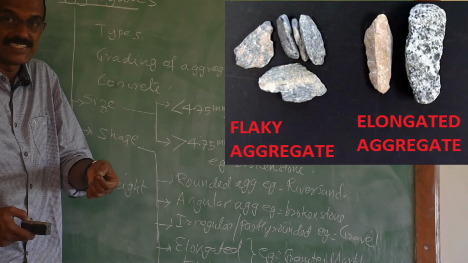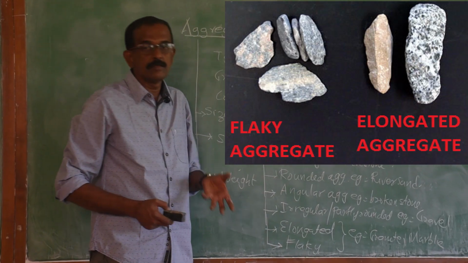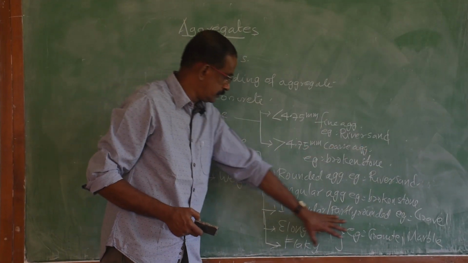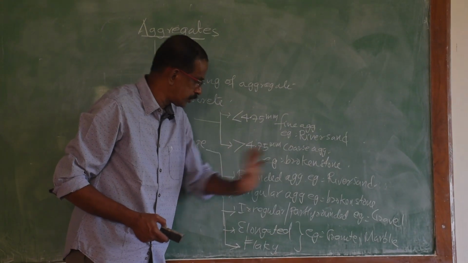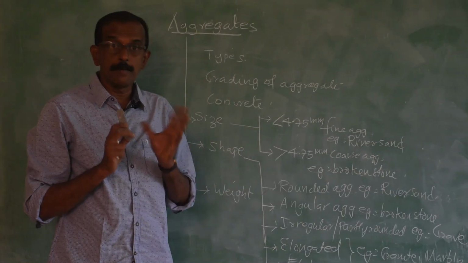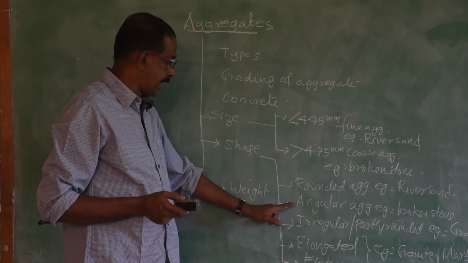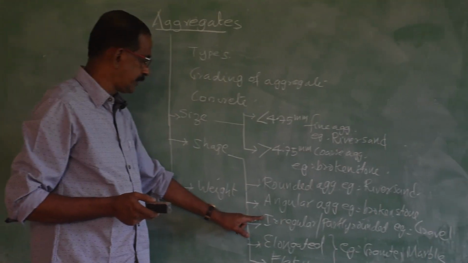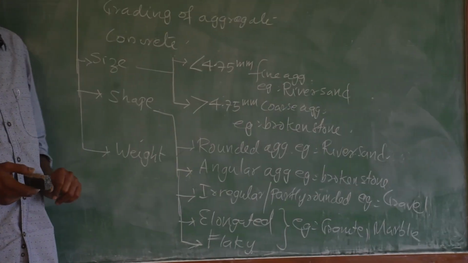Flaky means thickness is less, length is more. Elongated shape, flaky shape. So generally for these two, the example is quoted as granite and marble. So this is the classification based on appearance, or shape: rounded shape, angular shape, irregular or partly rounded shape, elongated shape and flaky shape.